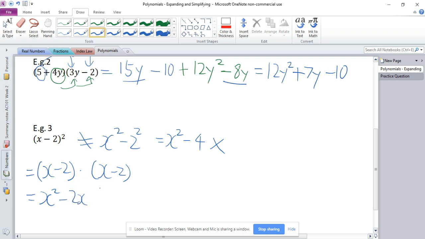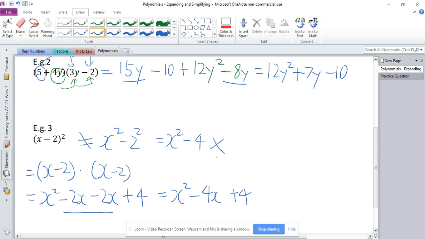Minus 2 times x is minus 2x. And then minus 2 times minus 2 is plus 4. Negative times negative becomes positive. And then simplify that. You can collect the like terms here, so we get x squared take 4x plus 4. That is the correct answer.